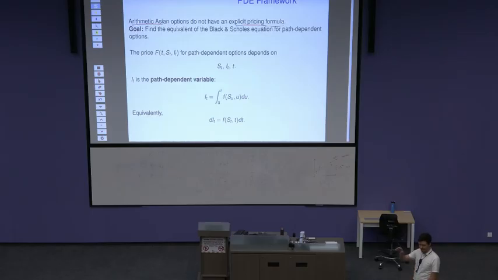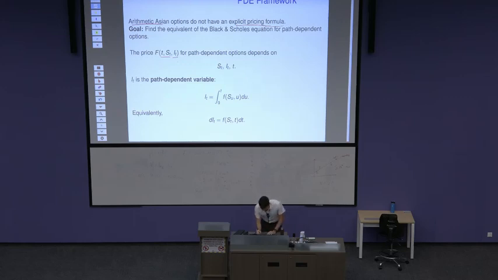The current asset value doesn't tell you anything about the historical evolution of the asset prices. But we need information on that because this has an influence on the payoff of the Asian option. This means we need to extend the inputs. So not only the time and the asset value matter, but also some variable, I call it I_t, which keeps track of the path of the underlying asset. This is information we need to determine the value of the Asian option.